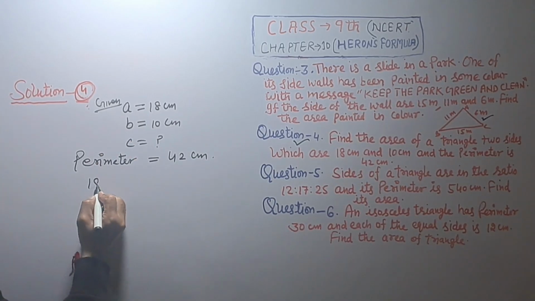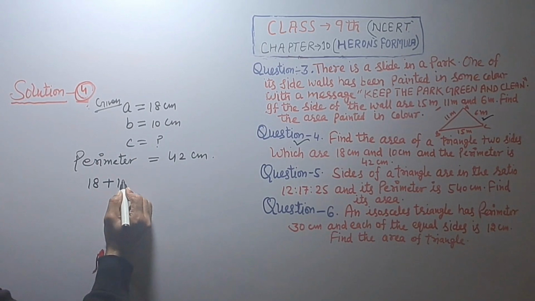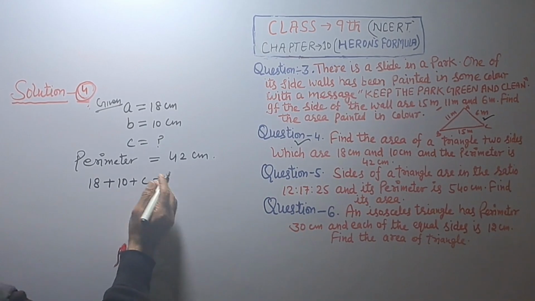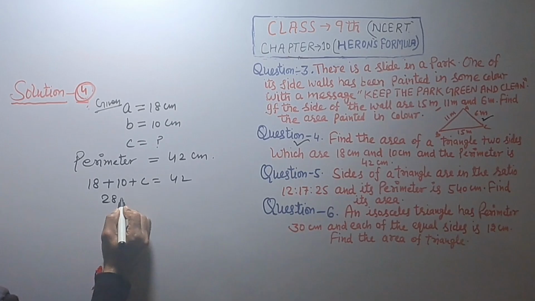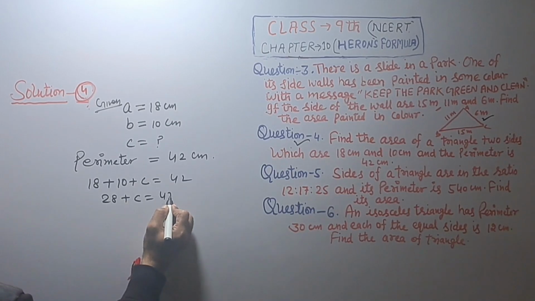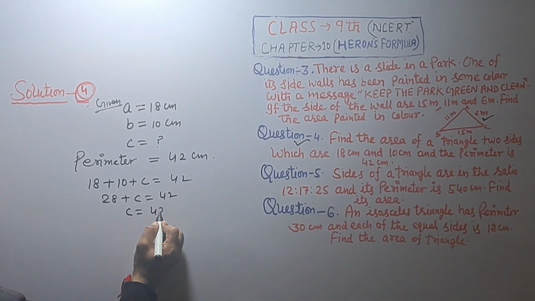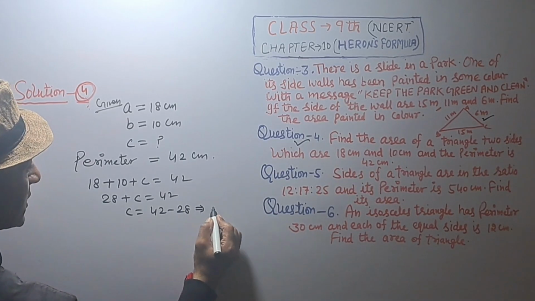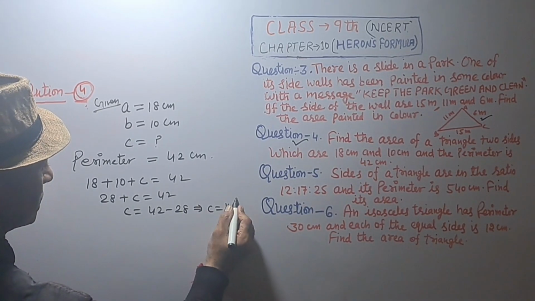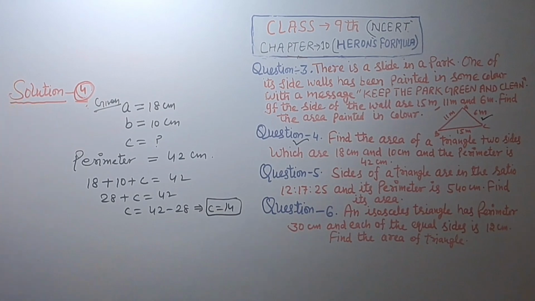Perimeter is 18 plus 10 plus C is equal to 42. 28 plus C is equal to 42, and C is equal to 42 minus 28, which implies C equal to 14.